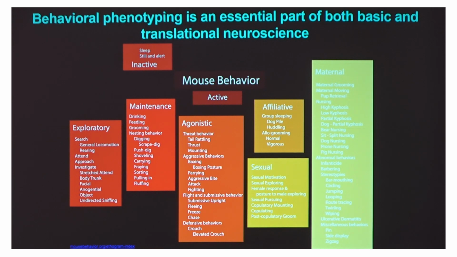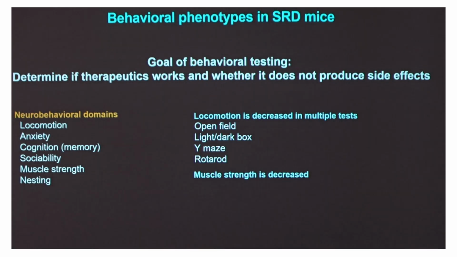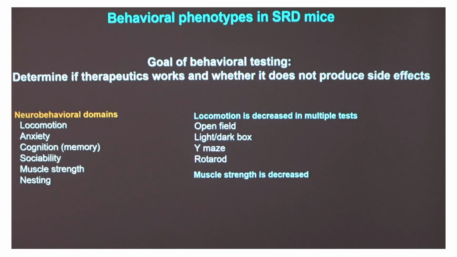So behavioral neuroscience really focuses on trying to identify which of these evolutionarily conserved behaviors we can study in clinical animal models, to see whether we can model some of the behaviors that we see in our patients, as well as whether we can fix these behavior alterations in our preclinical animal models. So what have we done with our S295L mice?